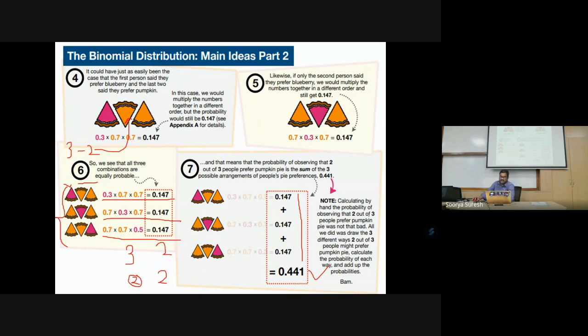It is 0.447. So what is that? It is calculating the probability of observing 2 out of 3 people preferring pumpkin. With 0.3 and 0.7, 2 out of 3 can happen this way, this way, this way. So what is the value? 0.44.